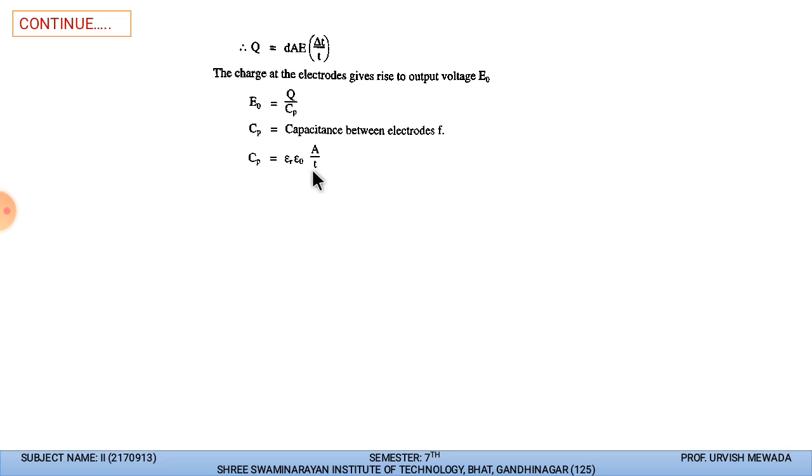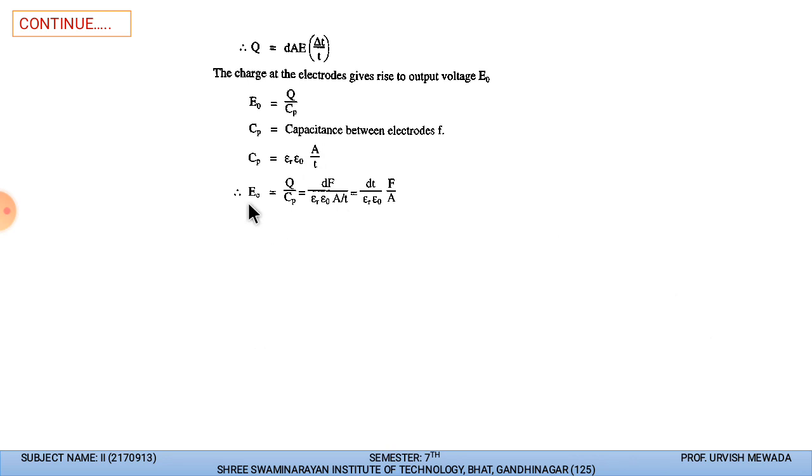We use t instead of d in the formula of the capacitor. Here the thickness of the device is changing, that's why d is replaced with t. Epsilon 0 and epsilon r are the permittivity of the medium and the relative permittivity of the material, and A is the area.